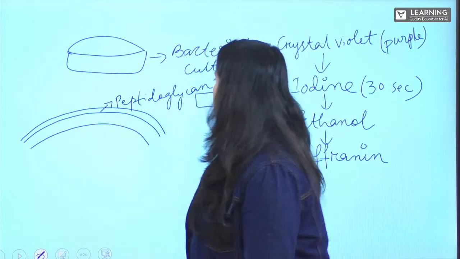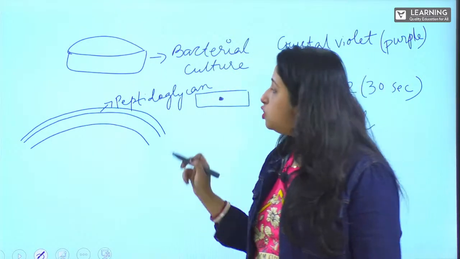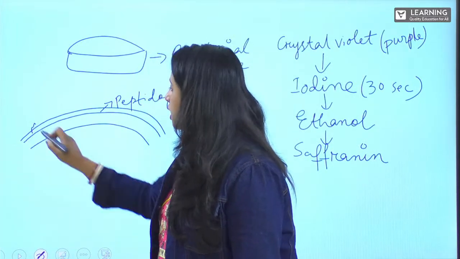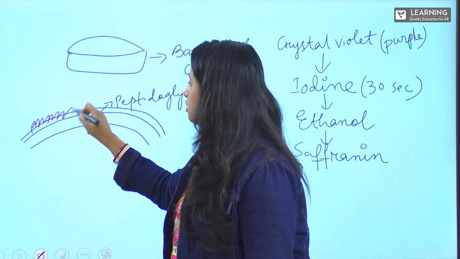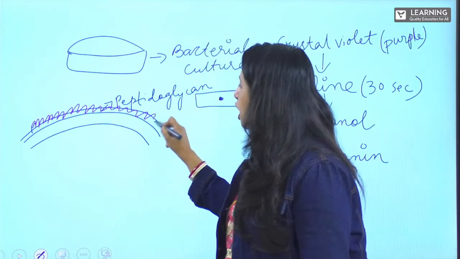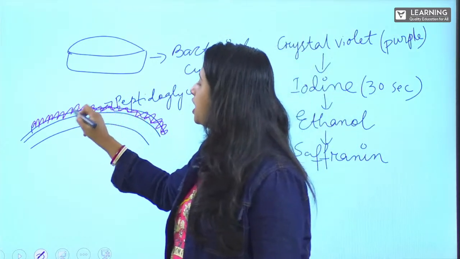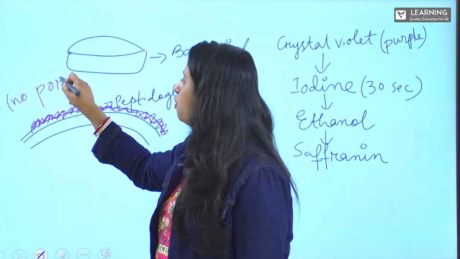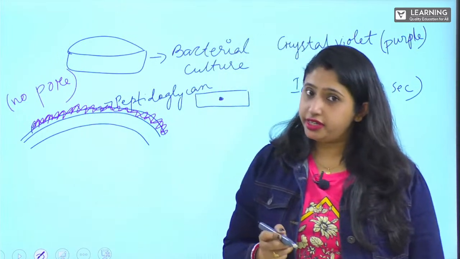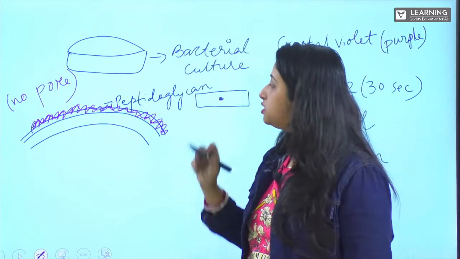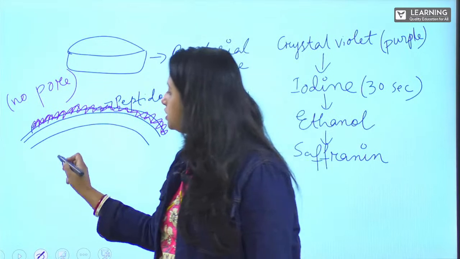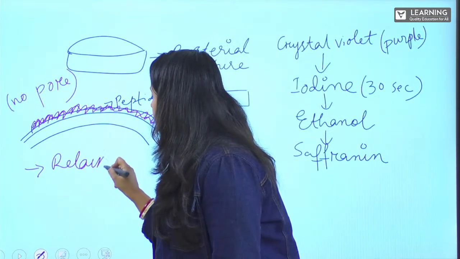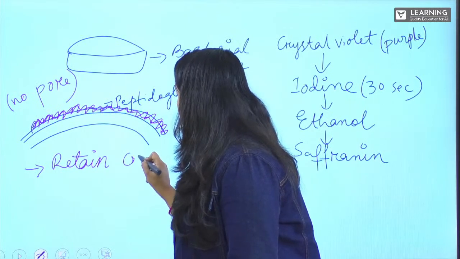So here we are going to stain it with the help of the crystal violet stain, right? So this has the capacity to retain the stain, as there are no pores or porins present. There is absence of lipids, right? So they have the capacity to retain the crystal violet stain.